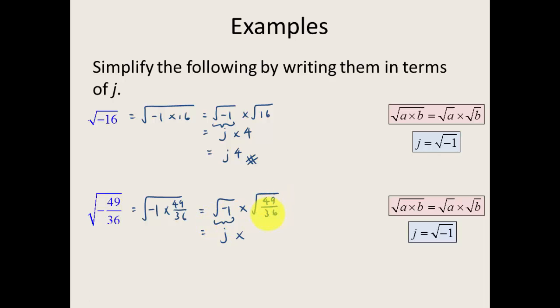How about the square root of 49 over 36? That will give me 7 over 6, because when we take the square root of 49, we get 7, and when we take the square root of 36, we get 6. So the final answer is j 7 over 6. So j 7 over 6 is the same as the square root of negative 49 over 36.